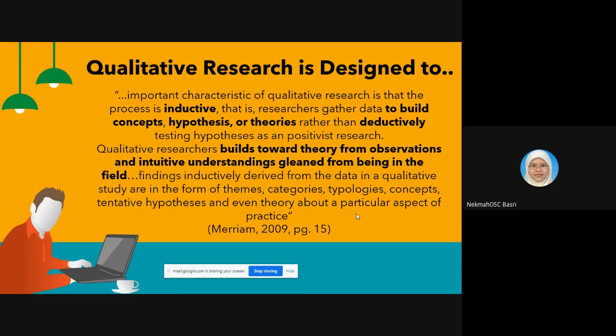Qualitative researchers build toward theory from observations and intuitive understanding gleaned from being in the field. Findings inductively derived from the data in a qualitative study are in the form of themes, categories, typologies, concepts, tentative hypotheses, and even theory about a particular aspect of the practice.